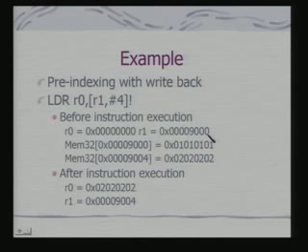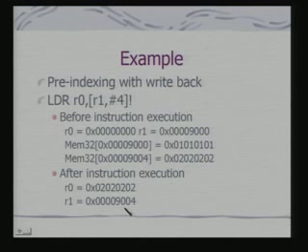Now, after I execute the instruction, what happens? My R0 is loaded with content of this memory location, because I have added 4 to R1 to access the memory location. So, my R0 is now loaded with this memory location, and then R1 content is also changed.